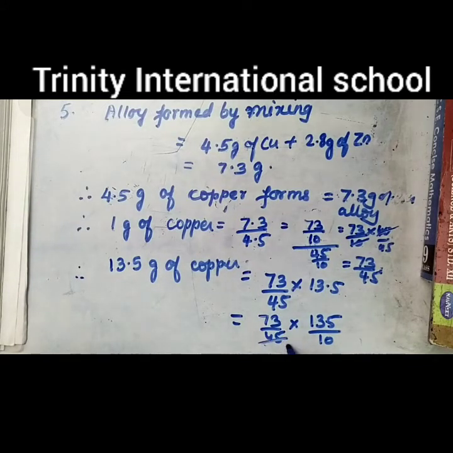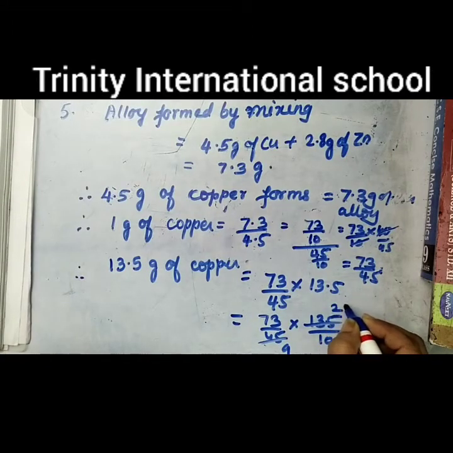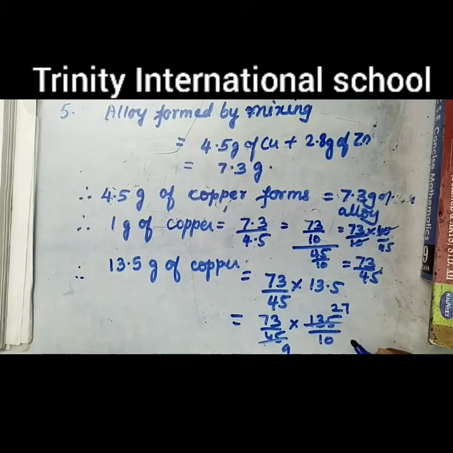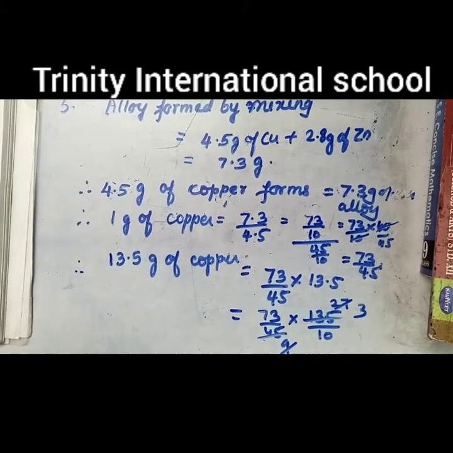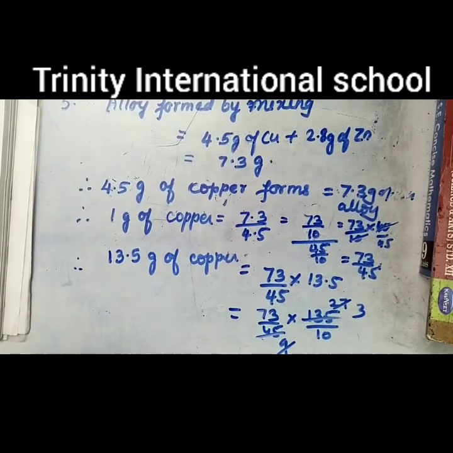Look, 5 9s are 45, then 5 2s are 10, 5 7s are 35. Okay, now 9 3s are 27. So you have 9 3s are 27.